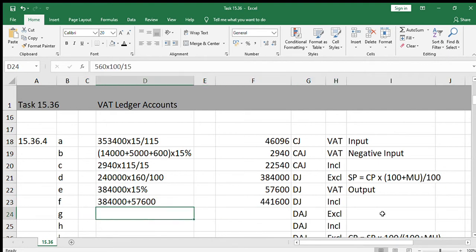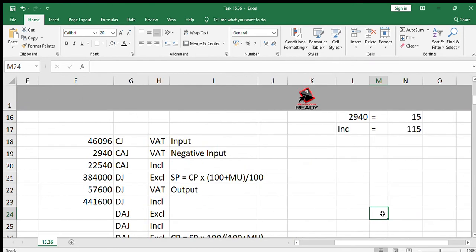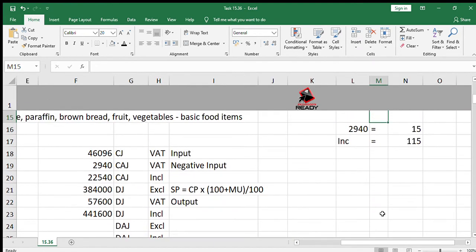Okay, then we're moving on to the debtors allowances journal for G. In G, we have to calculate the sales. This time we haven't been given the cost of sales, so we can't use the normal calculation. What we have been given is the actual VAT amount, 560, which is equal to 15.